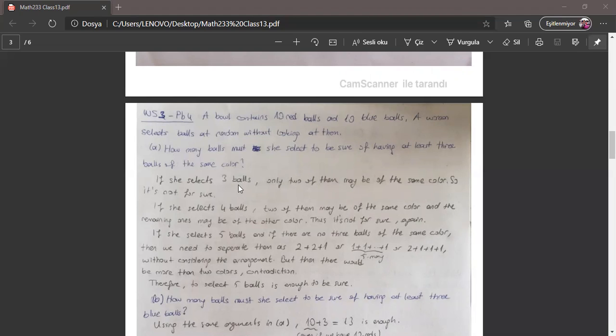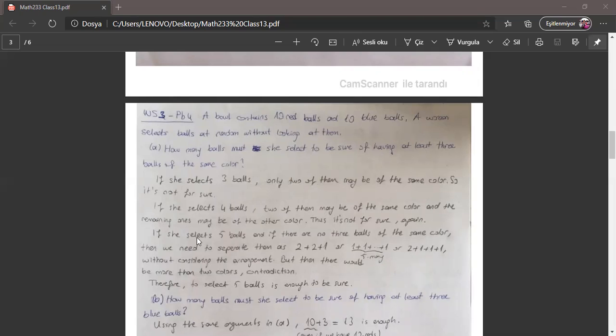For example, 2 balls can be red and 1 ball can be blue. Now, if she selects 4, then, for example, 2 of them may be red and the remaining 2 may be blue, so it's not for sure.